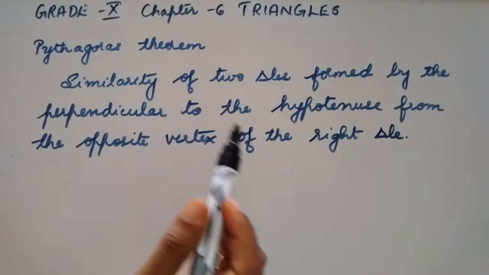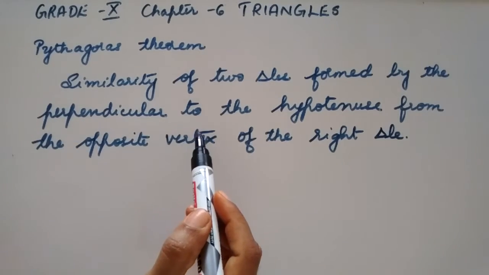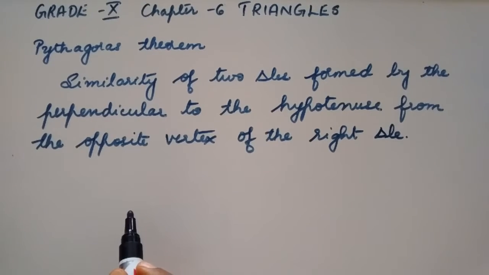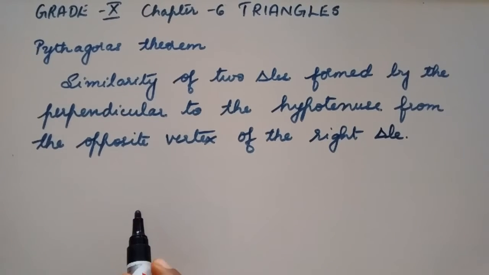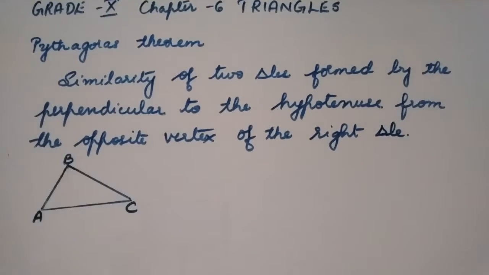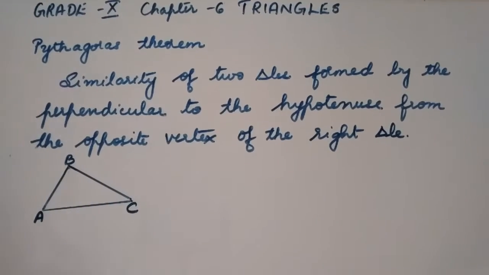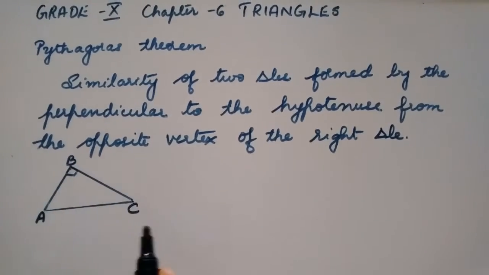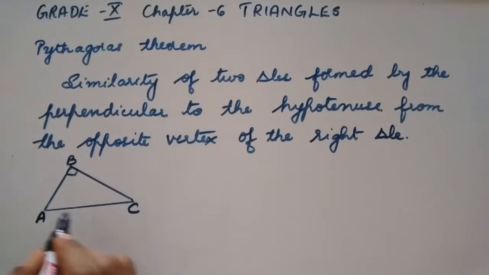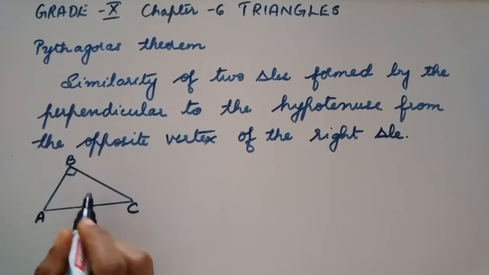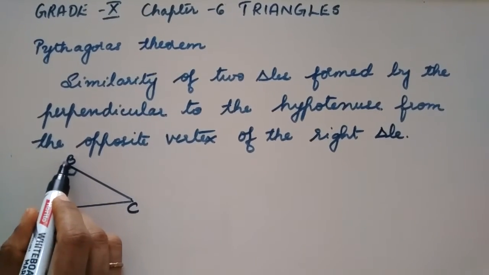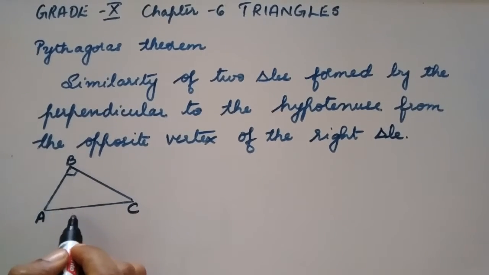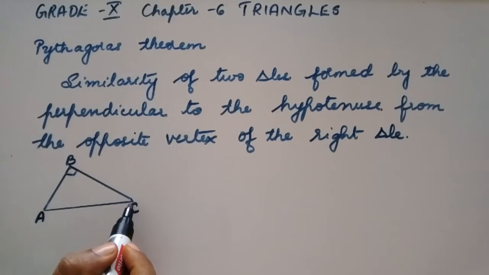So first let us understand this statement. Let us take a right triangle ABC, right angled at B. So this is a right triangle ABC which is right angled at B. Next, let us draw a perpendicular from this vertex, that is this right angle, to the hypotenuse AC.